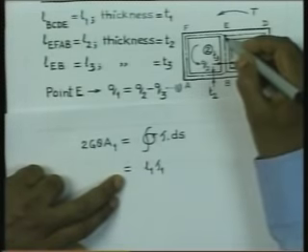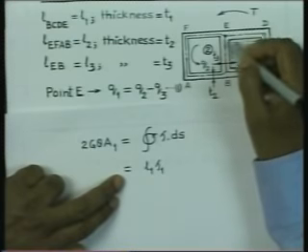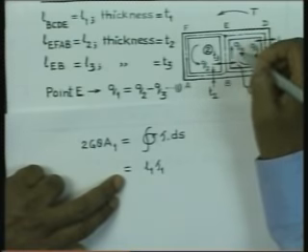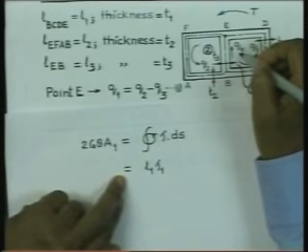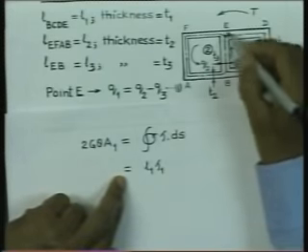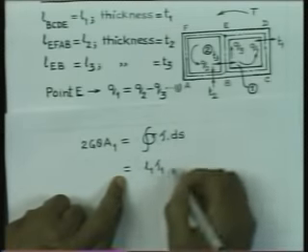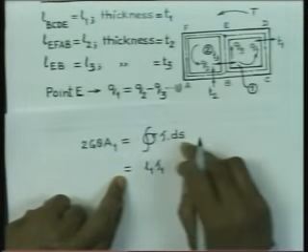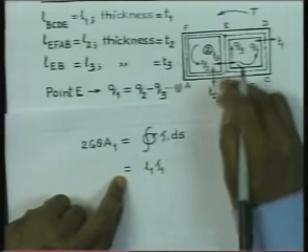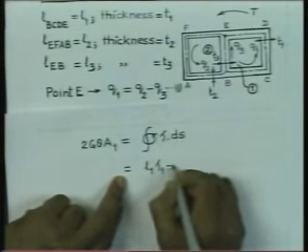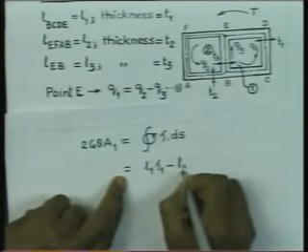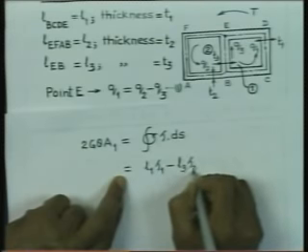Now, we have to complete the contour from E to B, and when we are going in this direction, the flow direction or the shear stress direction is different. Since the thickness is T3, the shear stress, let us say tau 3, will remain constant, and this integration from E to B would be equal to L3 multiplied by tau 3.